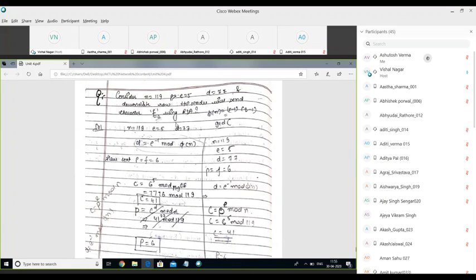Consider n equal to 119, e equal to 5, d equal to 77, and now find out how the sender will send the character F using RSA.